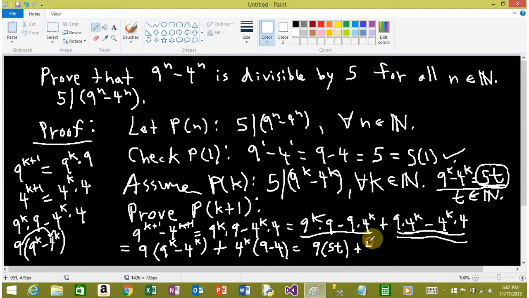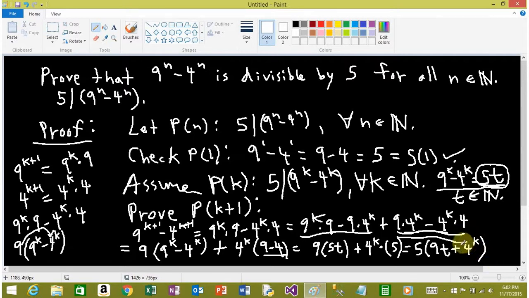plus 4 to the k times 5. 9 minus 4 is 5. And then we factor out our 5. So we want to show it's divisible by 5, so 5 times 9t plus 4 to the k.